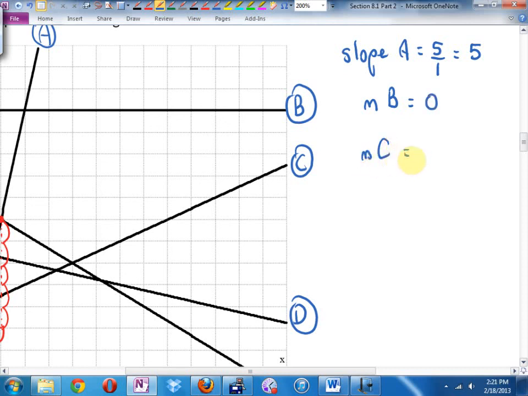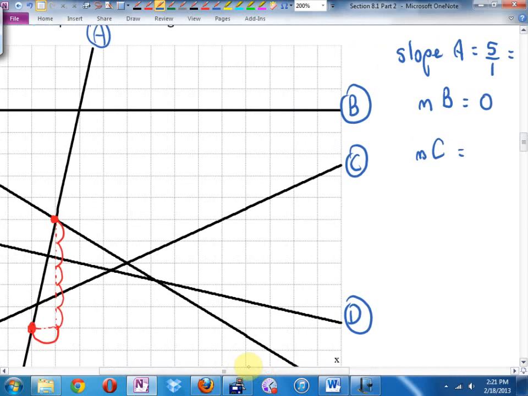What's the slope of line C? Okay, we need to go rise over run. I think for line C, I might pick this point and this point. Sarah, if I do that, what's my rise? What's my run? The slope of line C. Mr. Dewick. Yes, Oscar.